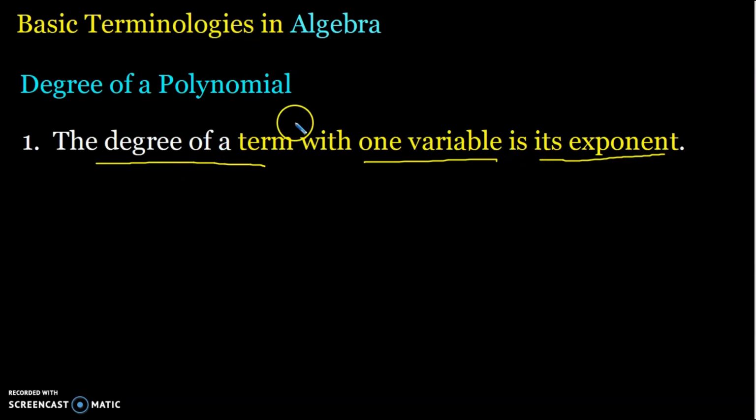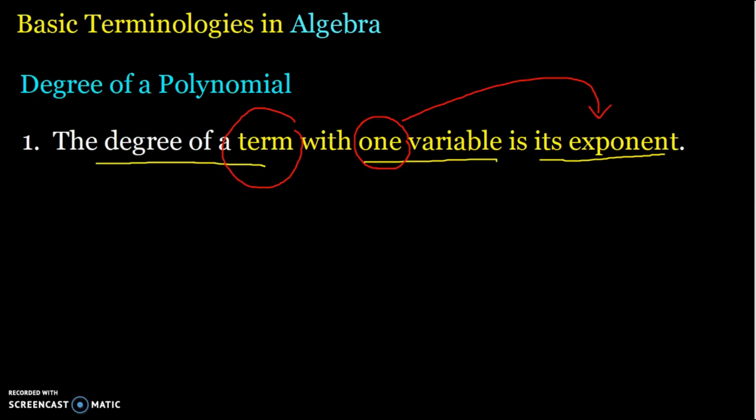The rule says, a term. Going back to the definitions, a polynomial with exactly one term is a monomial. Meaning, this first rule is applicable to a monomial that has one variable only. And if that's the case, the exponent of the variable is the degree of the given term.